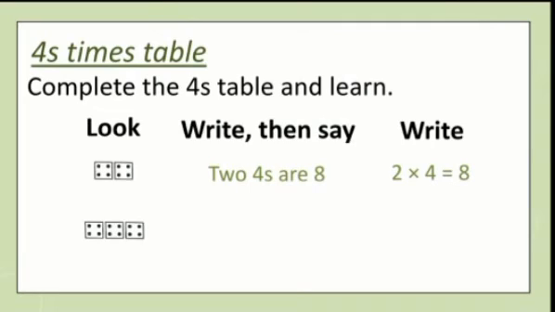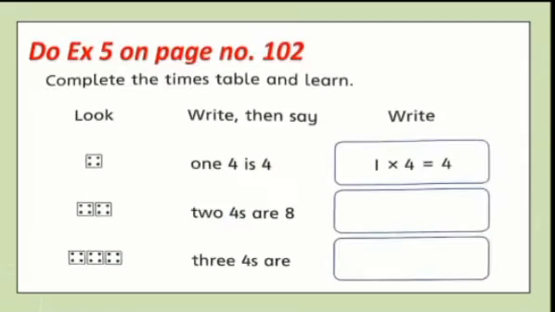Now look, there are 3 fours, which are 12. 3 multiplied by 4 is equal to 12. Now open page number 102 and do exercise 5. Complete the times table and learn. Do all the parts in the book.